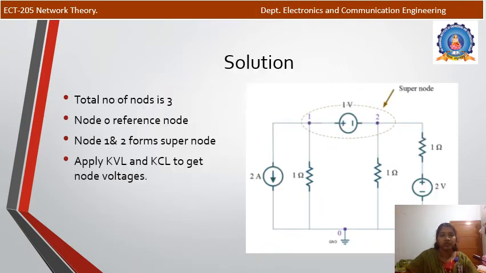The total number of nodes is 3: the first is this, the second is this, and the third is our reference node. Node 0 is the reference node or ground node. Nodes 1 and 2 form the supernode. Then apply KVL and KCL to get the node voltages. Try your own solutions; I think it's simple.